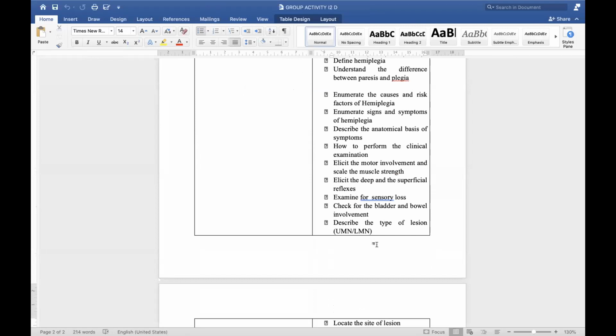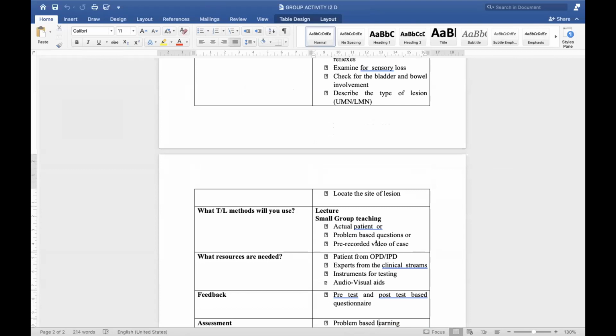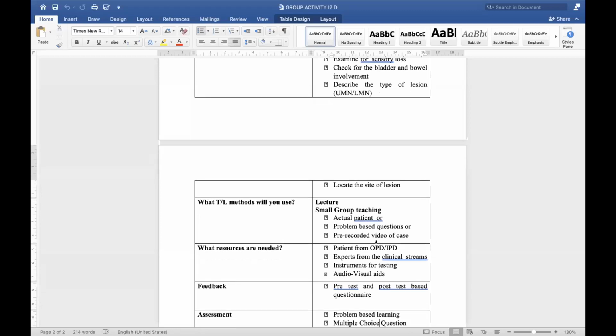Now, in teaching learning method, we can use interactive lectures, small group teaching on actual patients if possible, or we can teach through problem-based questions or pre-recorded videos. In resources, we need patients from OPD or IPD, experts from the clinical streams, instruments for testing, and audio-visual aids.